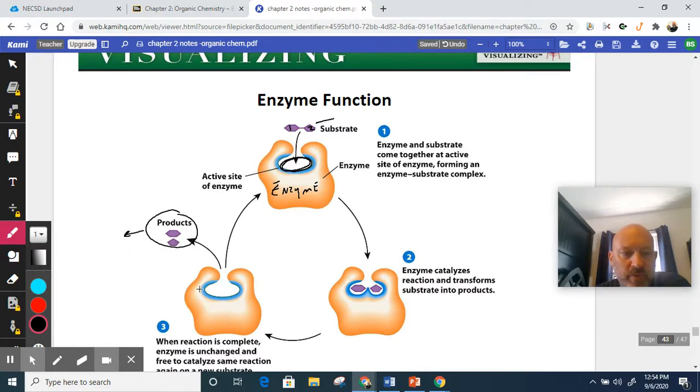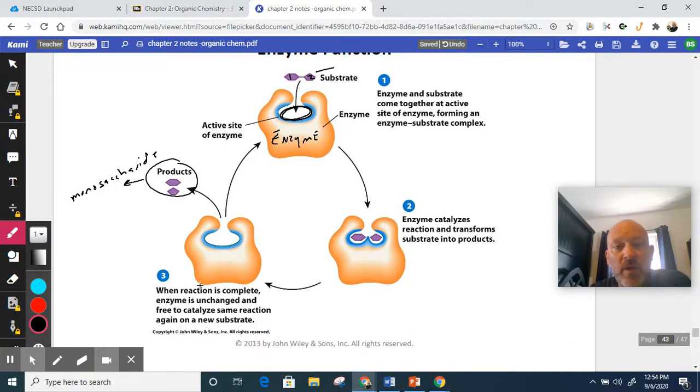The products would be released as monosaccharides that the cells can absorb and use for energy, or that can be sent to the liver, where we can store it in the form of glycogen so we can have that energy later. As long as this enzyme is maintaining its shape, it will be recycled and will perform this function over and over again.